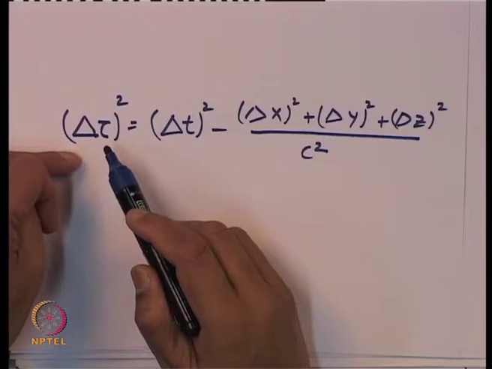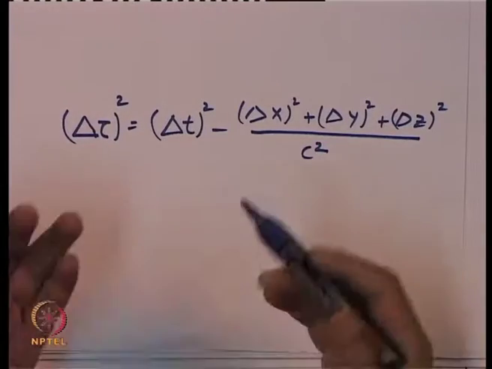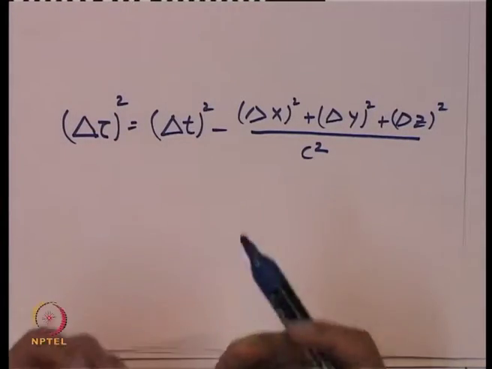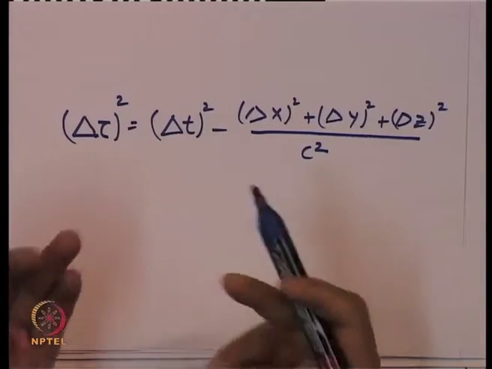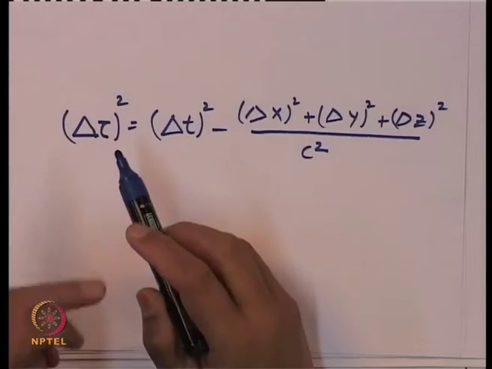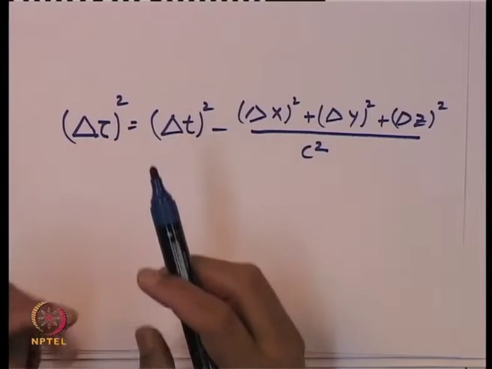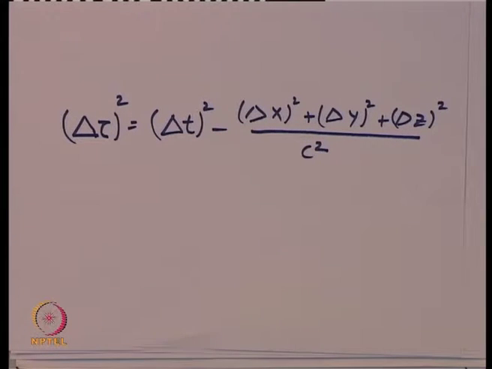This is the case in which it is not possible to find a frame of reference in which these two events occur at the same position. So we can still define a proper time interval irrespective of whether we have space-like separated events or time-like separated events. The only thing is, it will turn out to be real or imaginary.